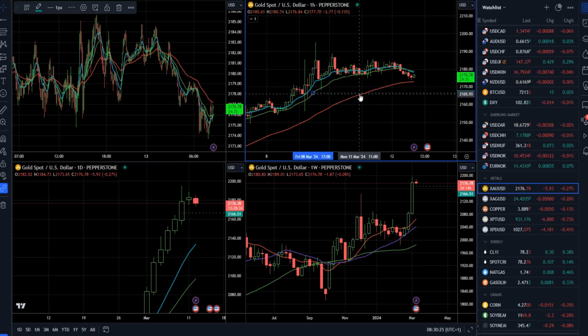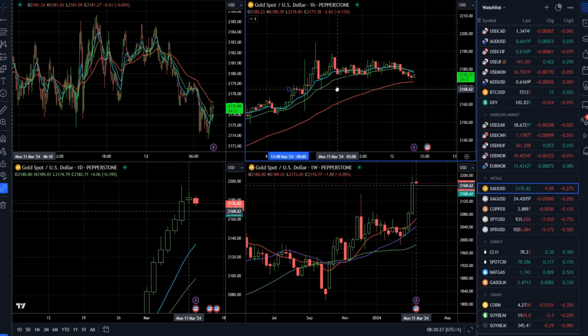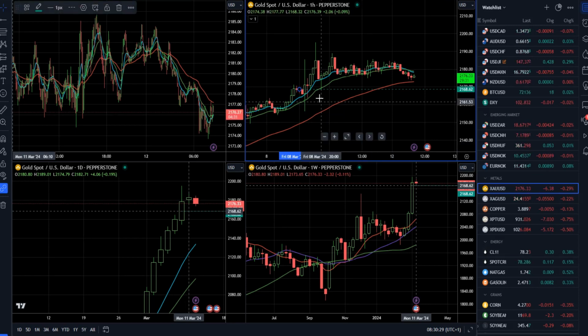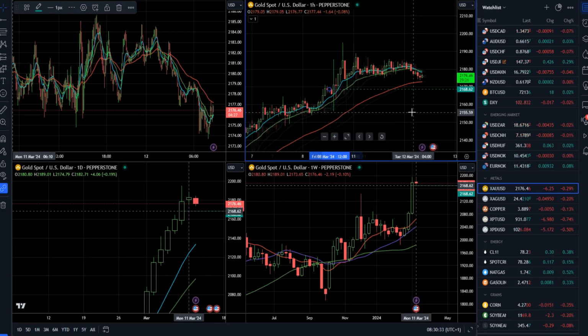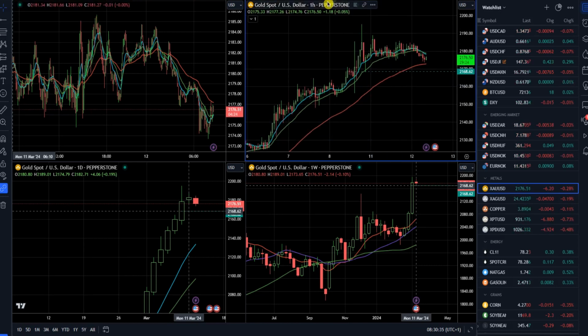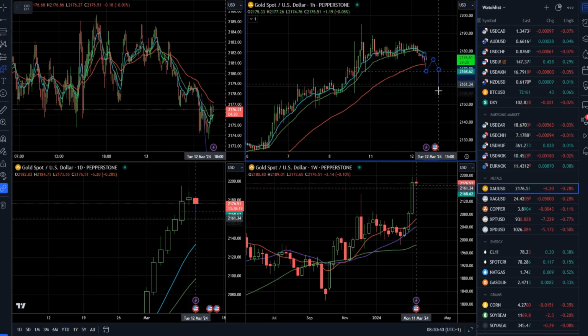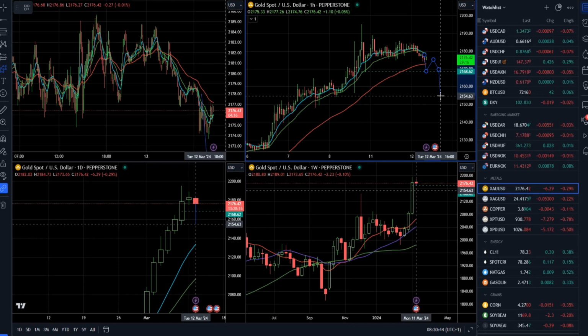Still, I will say the key support for today is this pin bar low from this area here, so 21.68. If we can clear that, then there will be a chance for the market to move lower and eventually to retest maybe even Friday's low at 21.54.